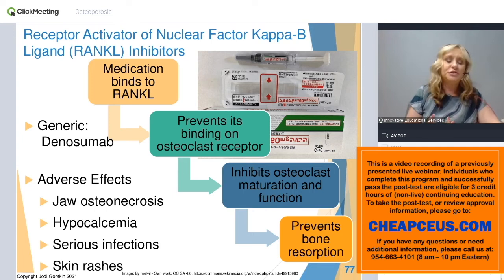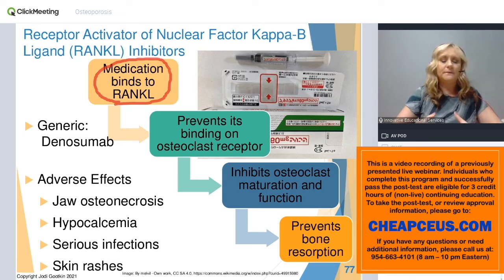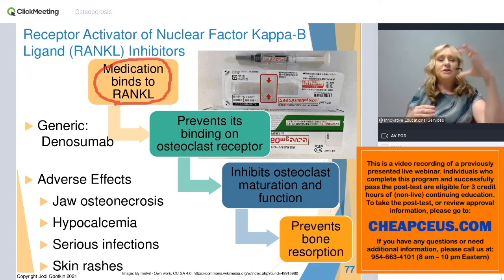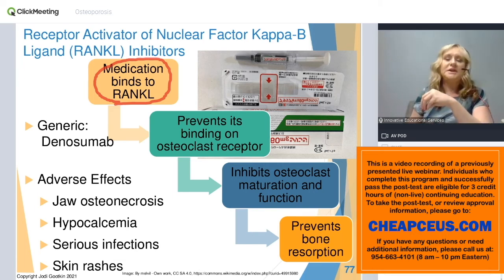It's working to preserve the bone. What happens is it's going to bind to RANKL, and RANKL is going to be kind of like a switch that functions in order to signal the osteoclasts to break down the bone. So the RANKL should come tell the osteoclast to start breaking down the bone.